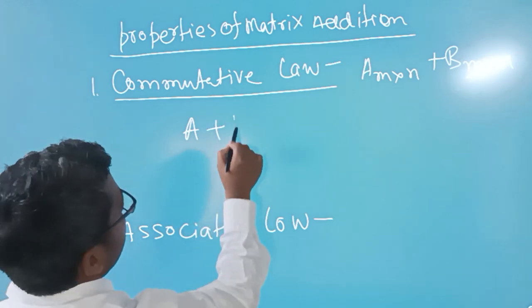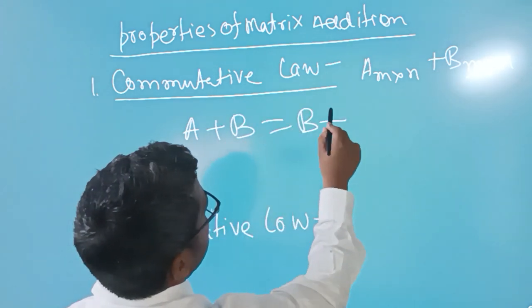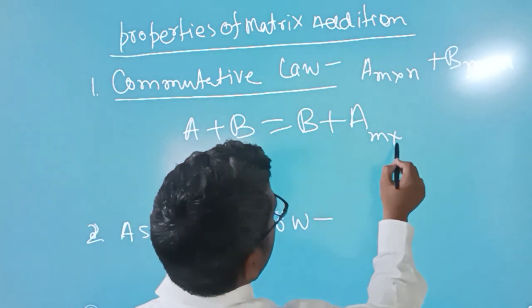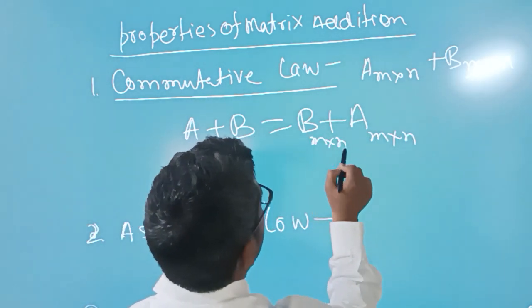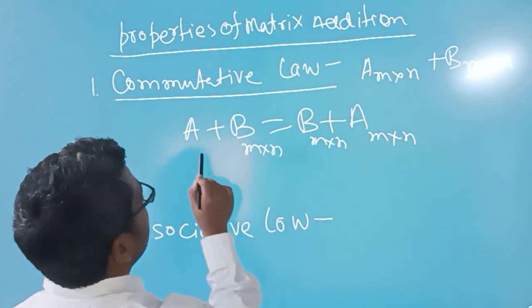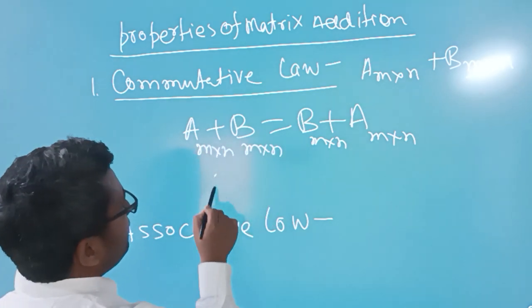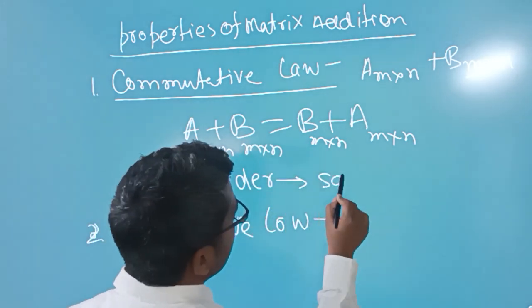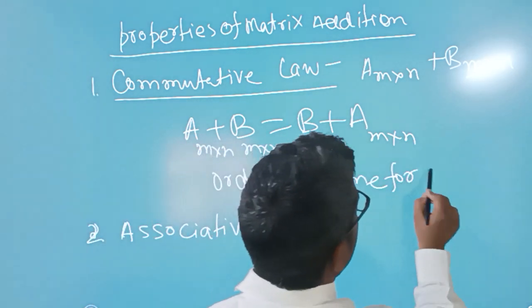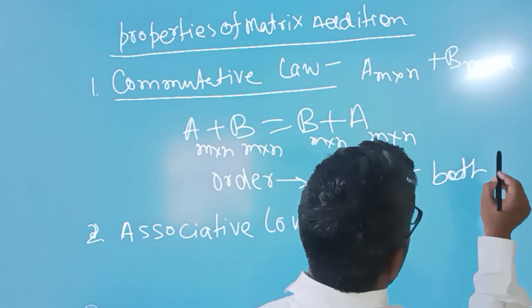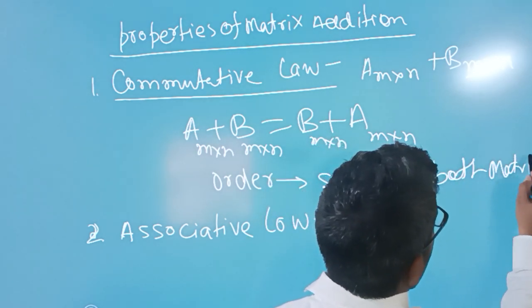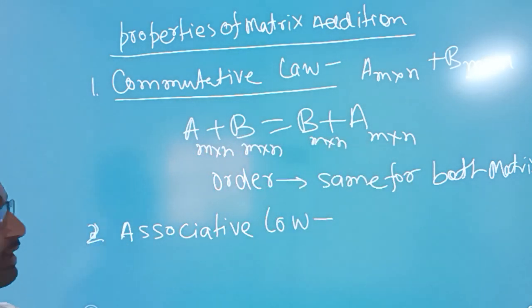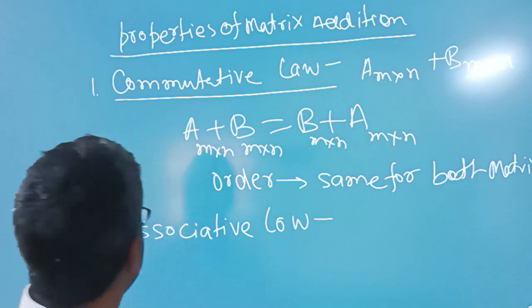According to the commutative law, A plus B equal to B plus A. The value is the same, and the order is the same for both matrices. That is the commutative law applied to addition of matrices.